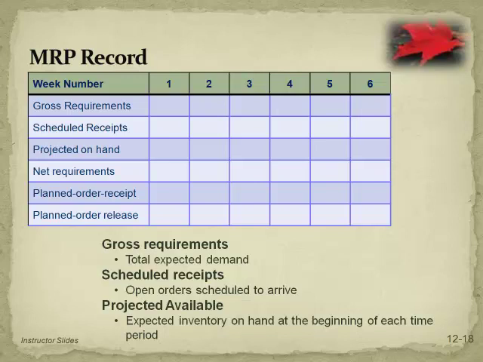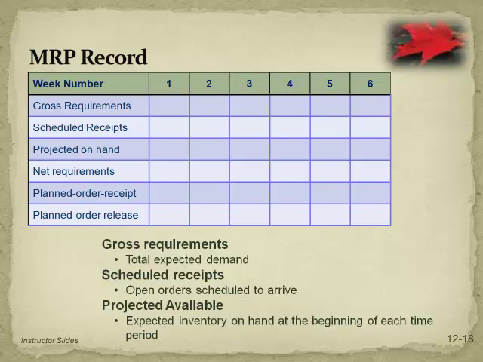Projected available is the projected inventory that we will have on hand at some future date. I said at the beginning of this lecture that Dr. Orlicki had two breakthroughs that allowed him to create this MRP processing algorithm. The first was the recognition of the two different types of demand, independent and dependent demand.